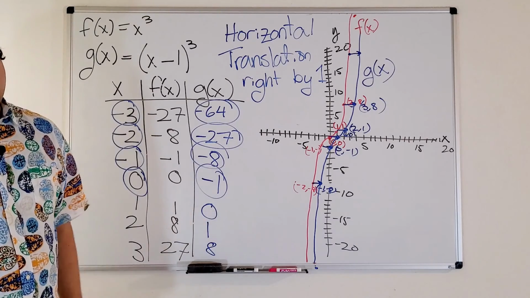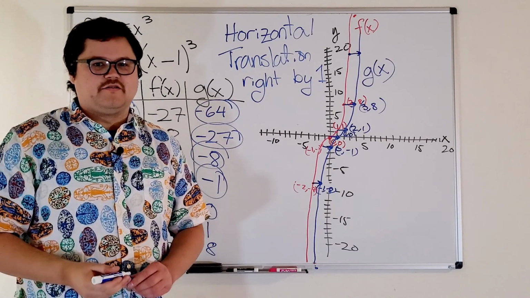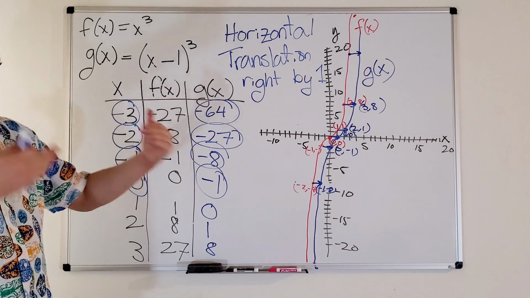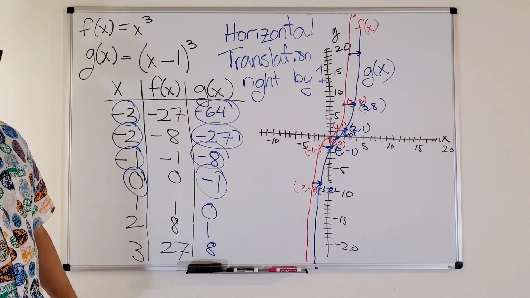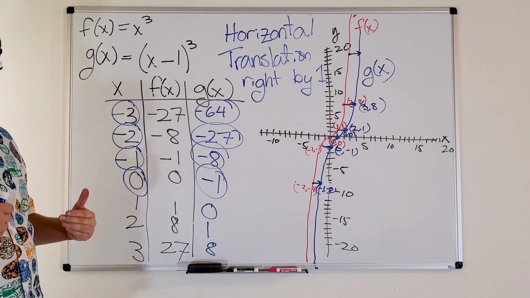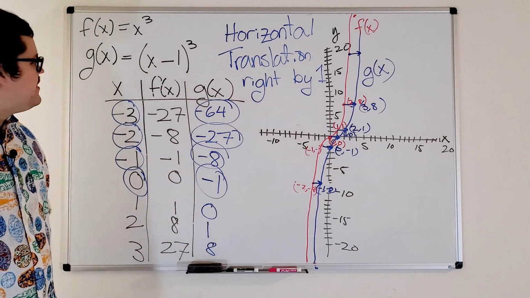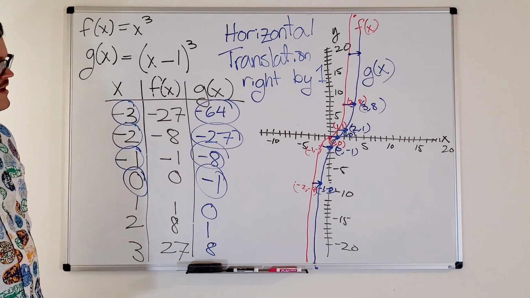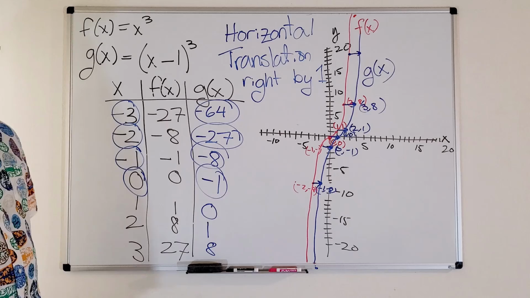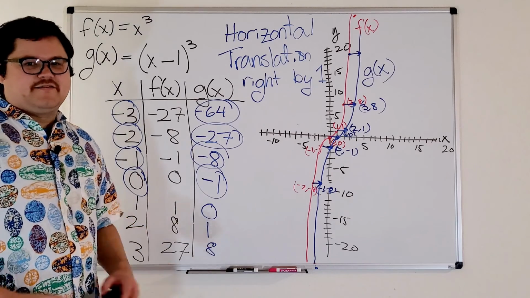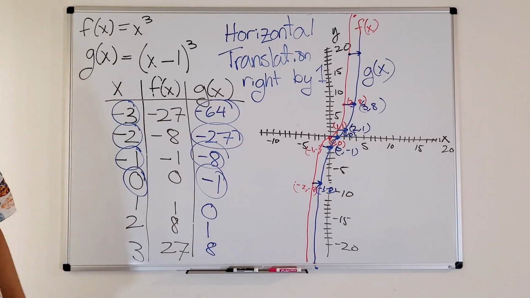A little surprising and maybe a little counterintuitive. Horizontal translations work the opposite of what you might think. When you have a negative sign, it means move the graph right by that amount. When you have a positive sign, it means move it left. That's sort of opposite of the way that vertical translations work. Anyway, let's see if we could plot some more of these guys.